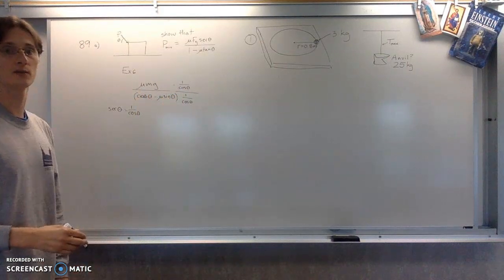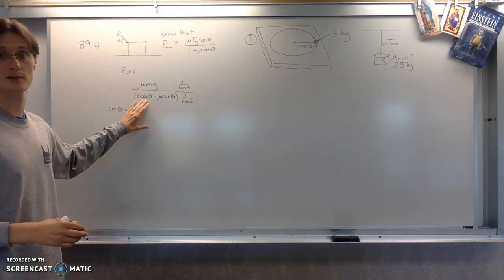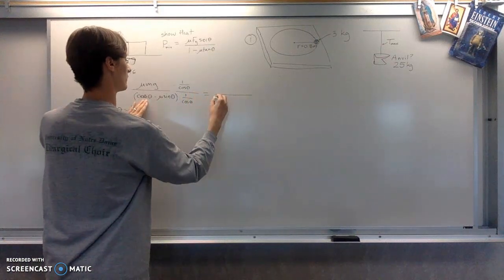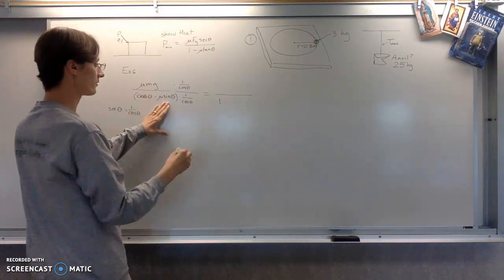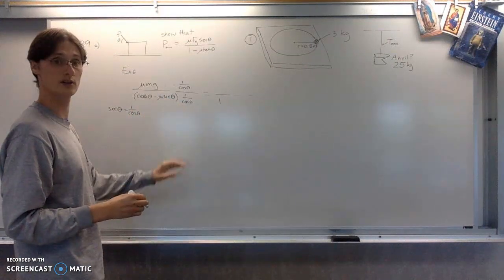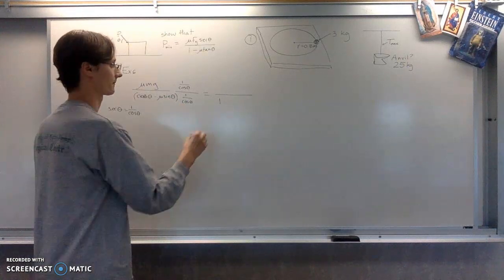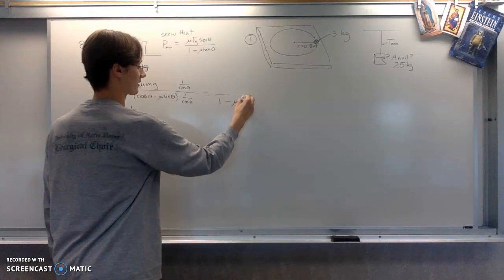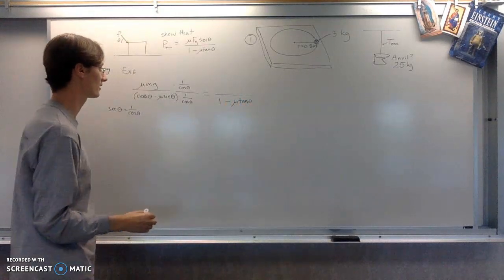And if you do that, cosine times 1 over cosine is, of course, 1. And then mu sine theta times 1 over cosine is going to give you sine over cosine, which is tangent. So minus mu tangent theta.